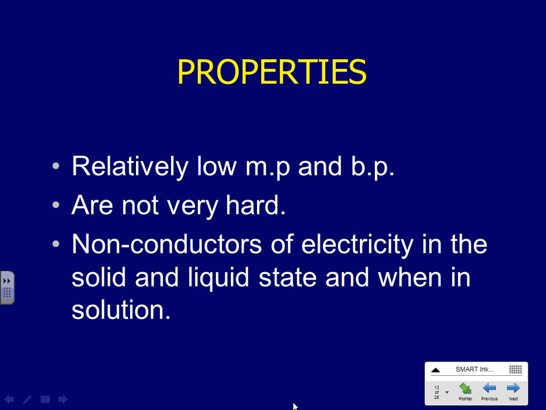That's what's happening in water. So again, relatively low relative to ionic and metallic. They're not very hard. Ice can be pretty hard. That's a pretty good, robust crystal. But that's being held together again by hydrogen bonding, so that's pretty strong.